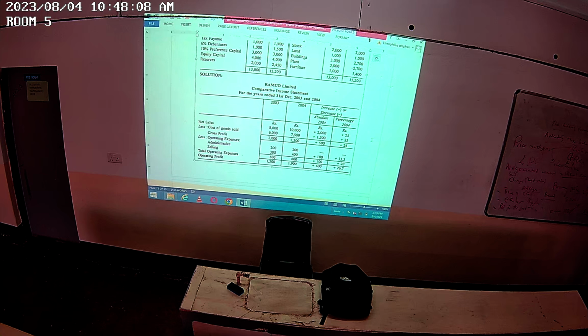We need a good example. We are saying increase or decrease: absolute 2004, and percentages for 2004.